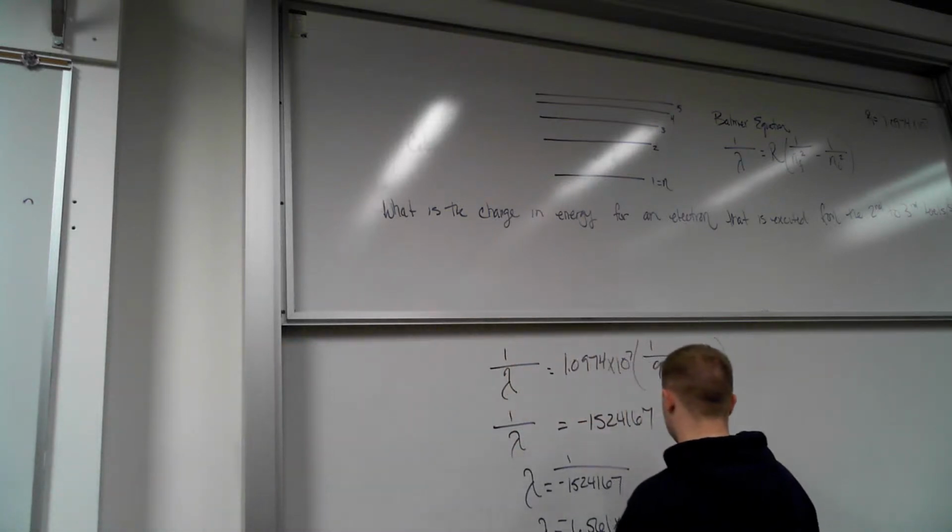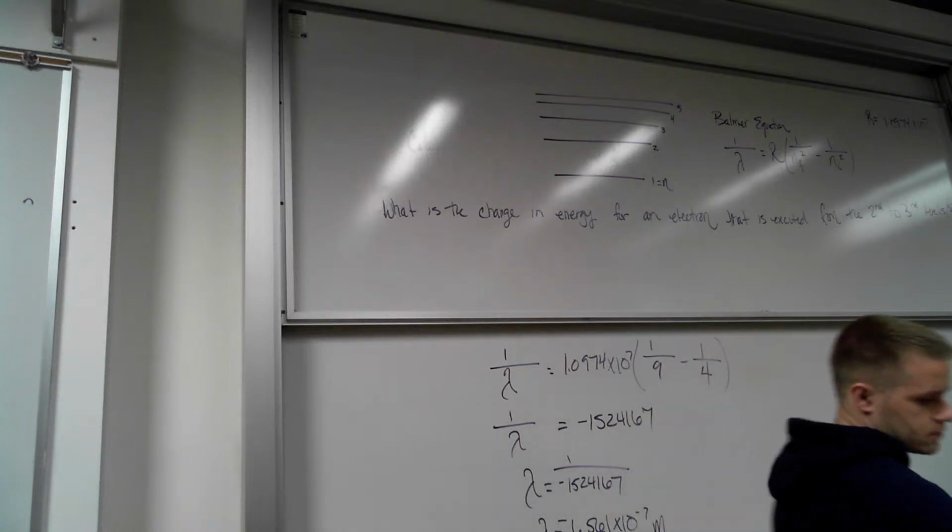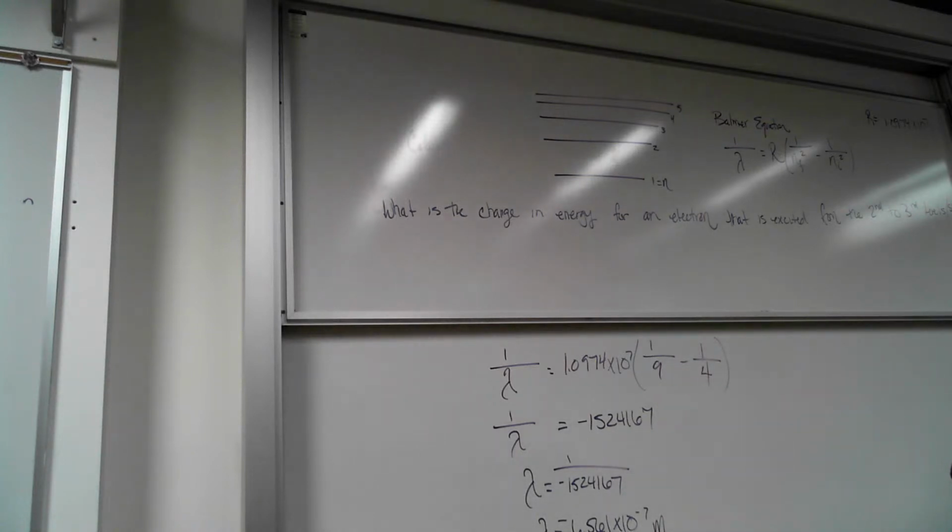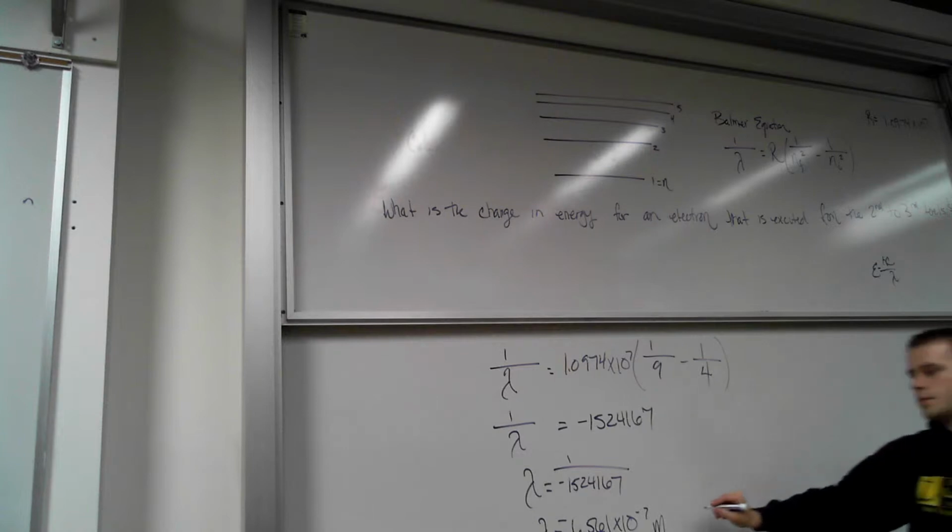This is in meters. How do we go from our wavelength here to energy? Right. Energy equals hc over lambda. Remember, in this case, our lambda should be in nanometers, so we should convert this to nanometers.